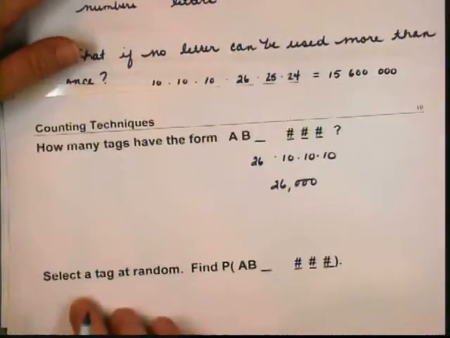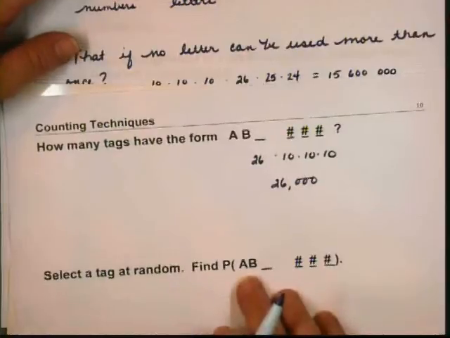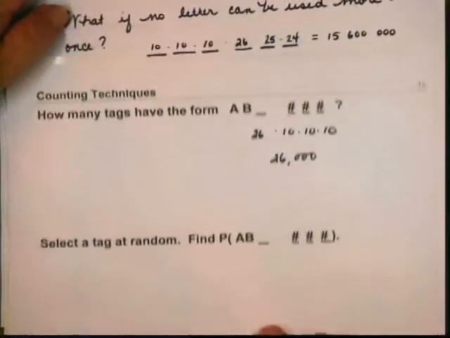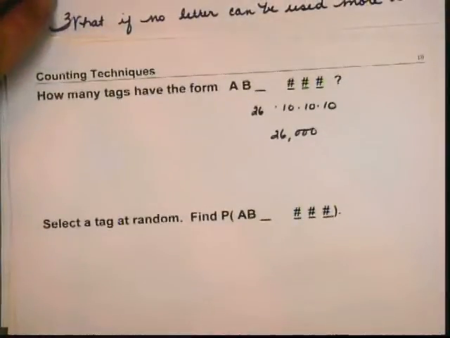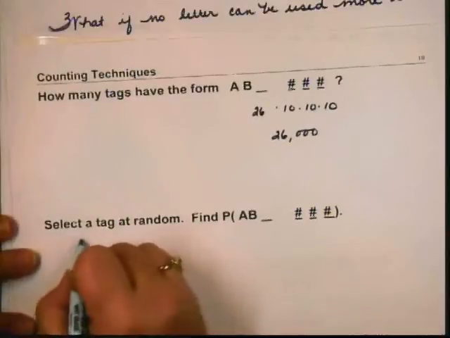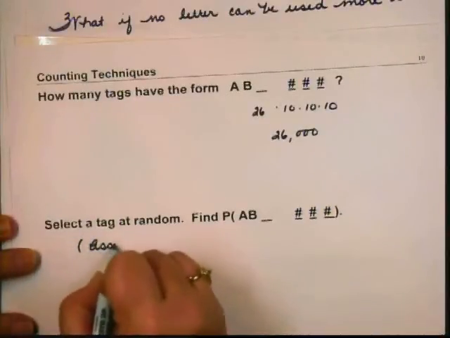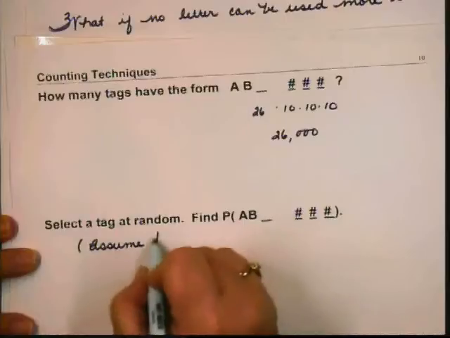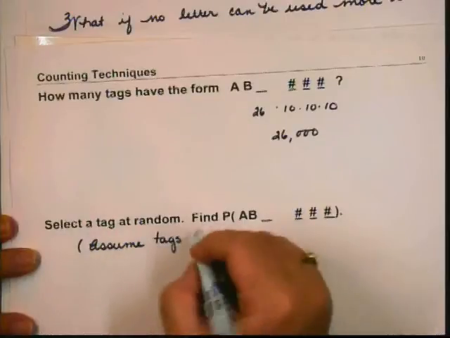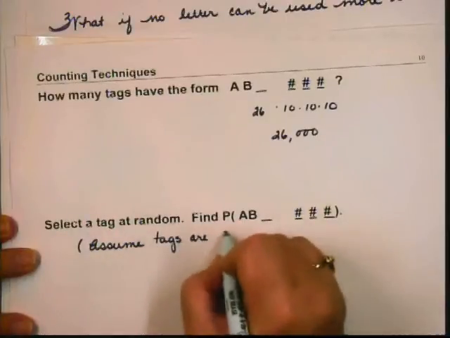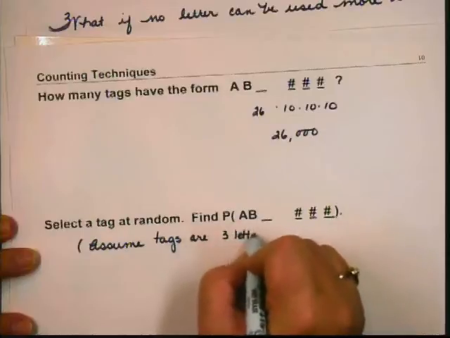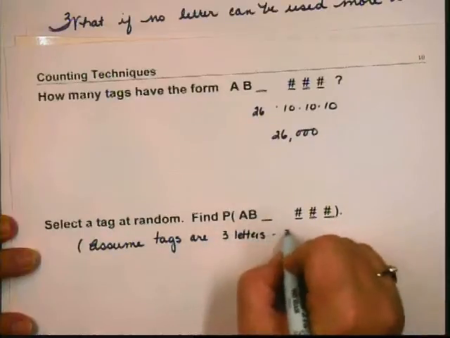So if you select a tag at random, what's the probability of getting an AB tag? Assuming just among the letters, numbers, that way. So assume 3 letters, then 3 numbers.